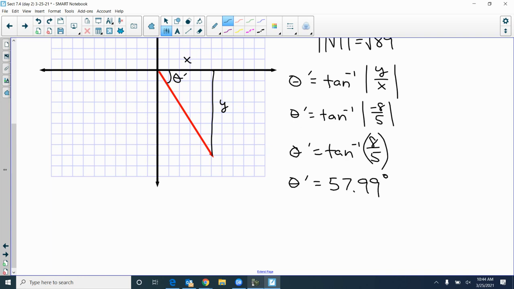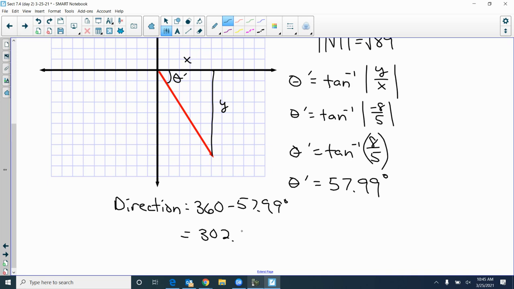So what is the direction? The direction would be, in this case, 360 minus 57.99, which gives me, what is that, 301.01 or 302? 302.